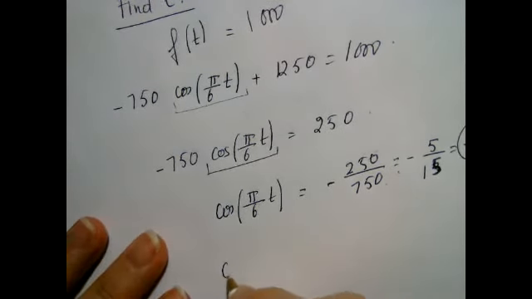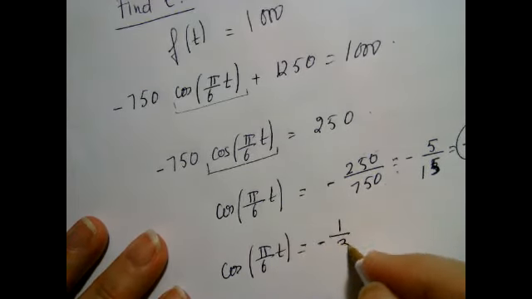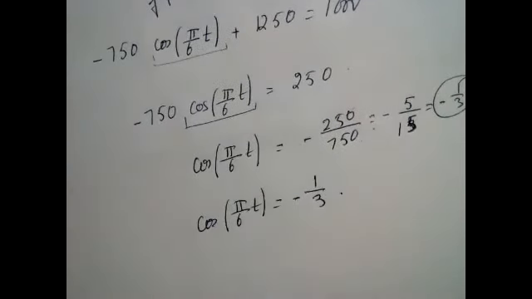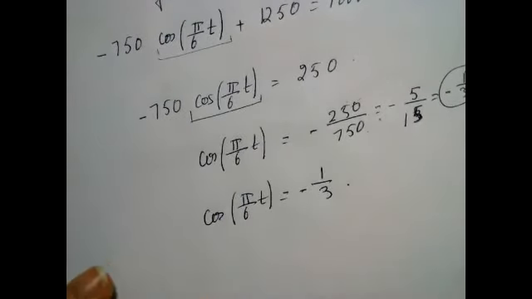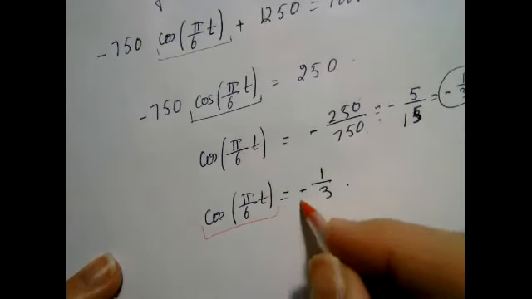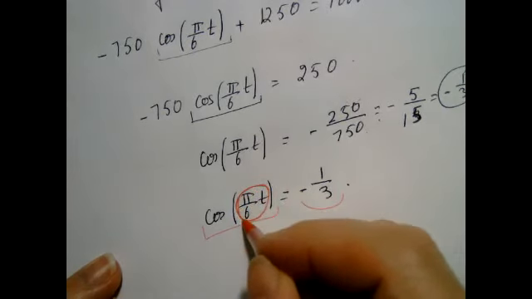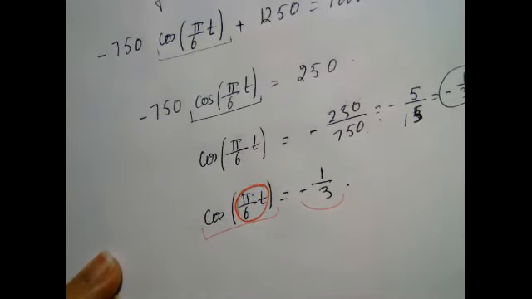So it means that the cosine of pi over 6t equals negative 1/3. If we do a little bit of math, but this gives me that, I want to use the arc cosine. So I know the cosine, I need what's inside. I need the angle. And there is one way out. Arc cosine would give me that.